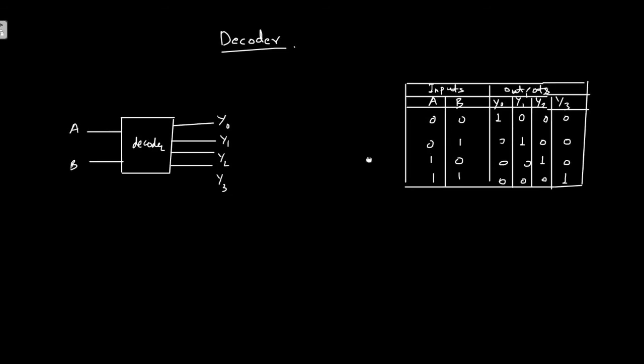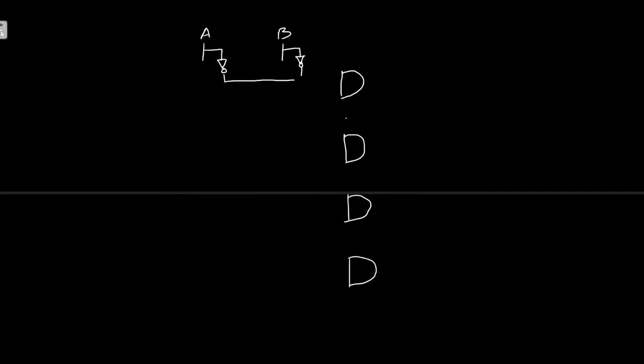So accordingly, we can draw the logic diagram. Since there are 4 inputs, 4 outputs, we can use 4 AND gates. Two inputs A and B, but it has A bar also and B bar also. When both are 0 0, then we get Y0.